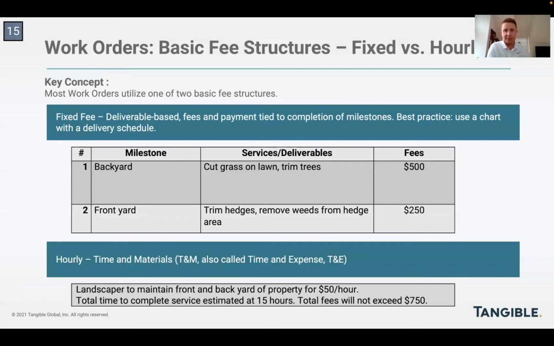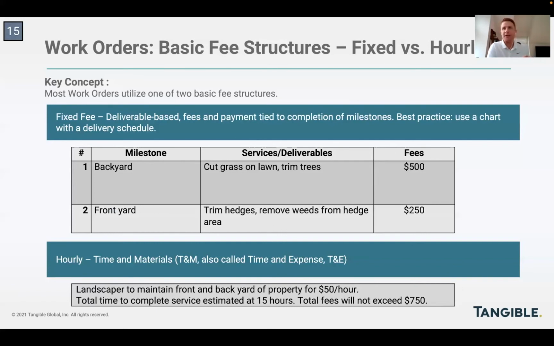In the example on this slide, we have the same transaction as the first example under a fixed fee, but with an hourly fee structure, we have an estimated time to completion of 15 hours. And then that really key concept that the total fees will not exceed $750.